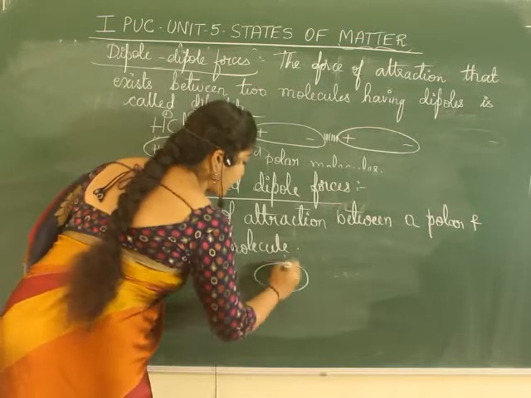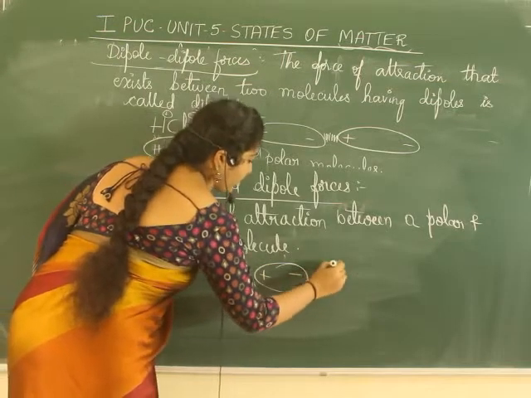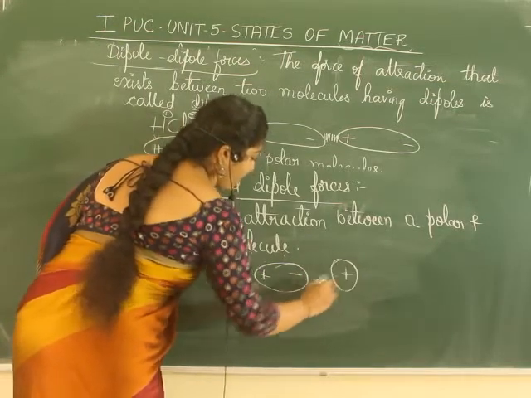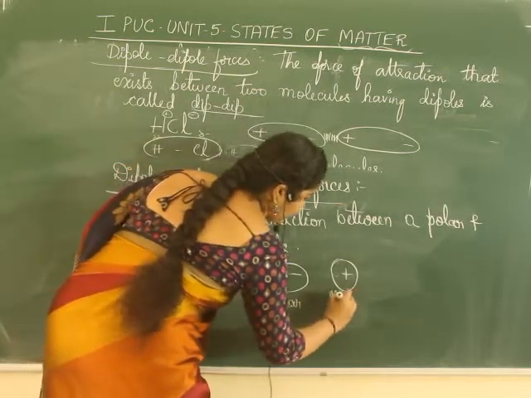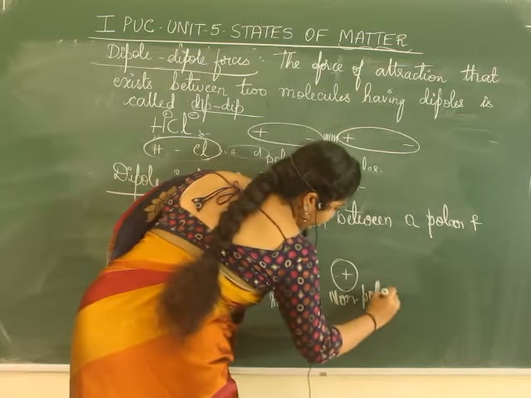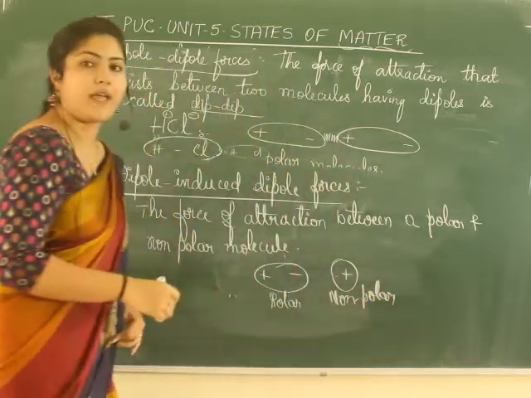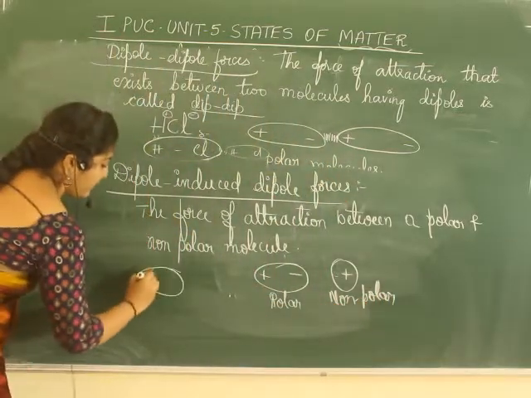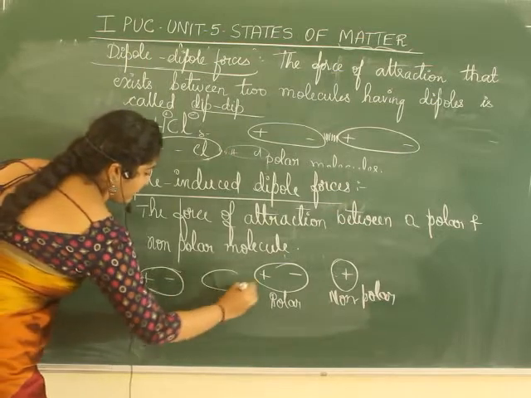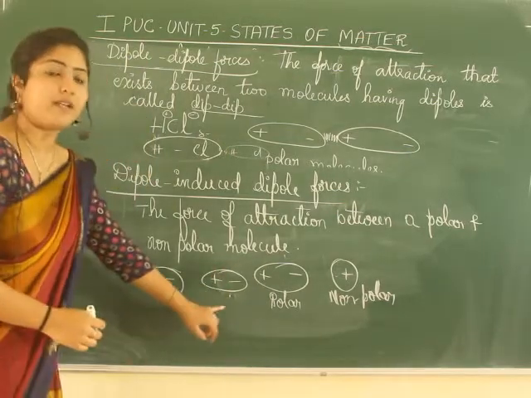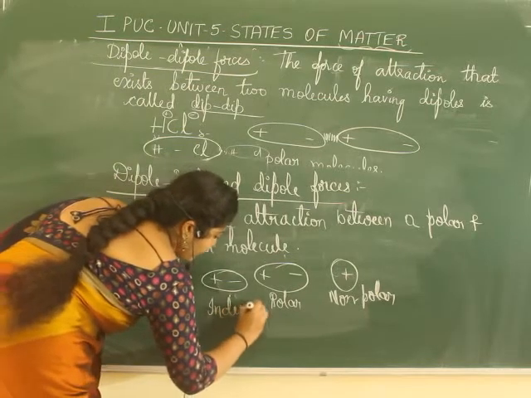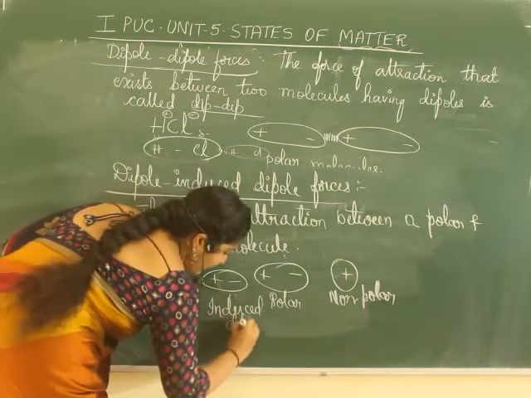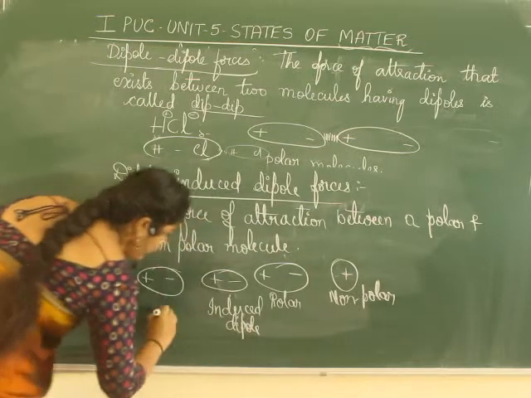So you can write it this way. Earlier it will be non-polar, polar, non-polar. But after that what happens? Here you can write induced dipole. That means it has got a dipole which was not there earlier.